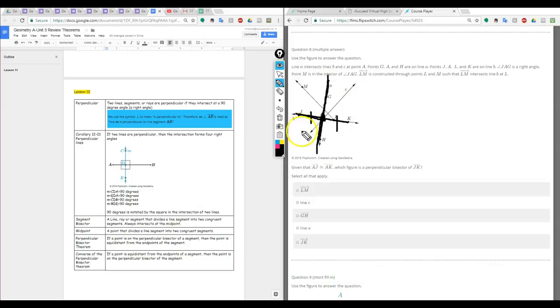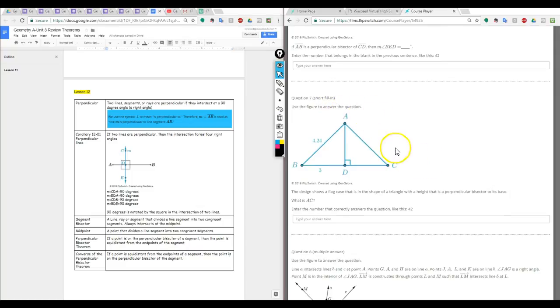So line A is going to be a perpendicular bisector to line B. And any segment of line A will be a perpendicular bisector to segment JK. So since G and H are points on line A, segment GH would be a perpendicular bisector as well.